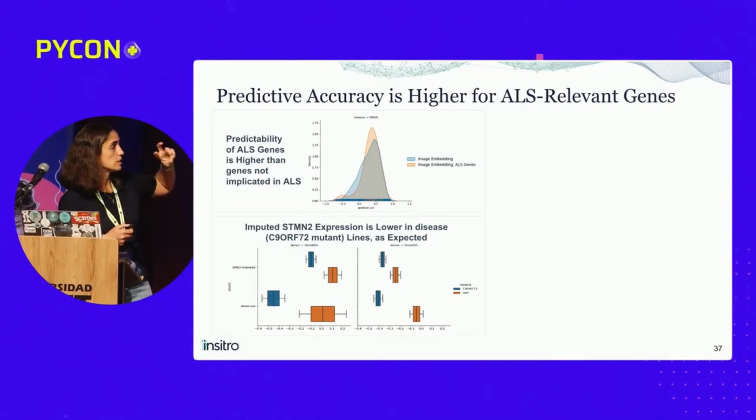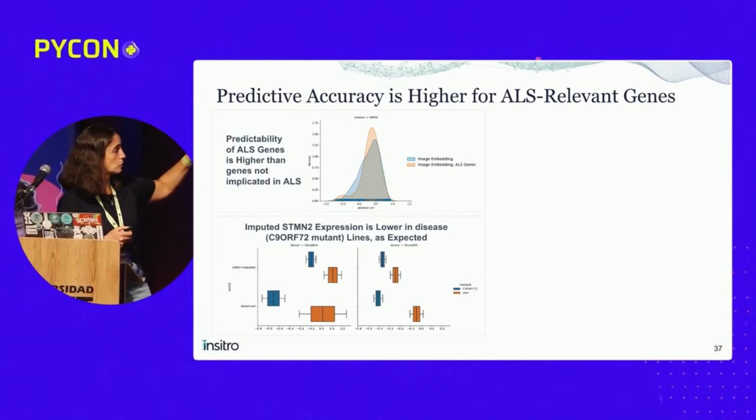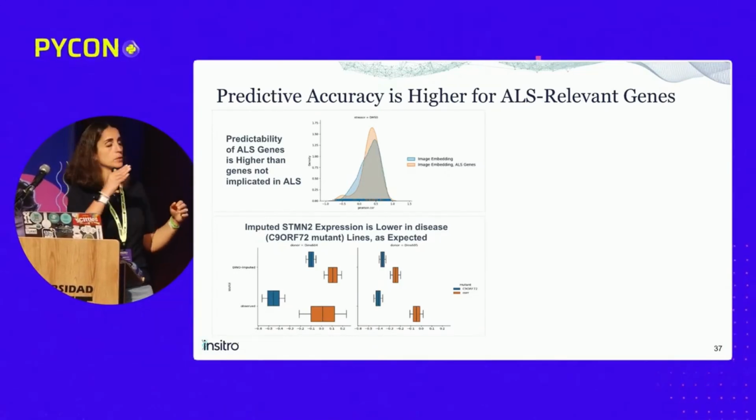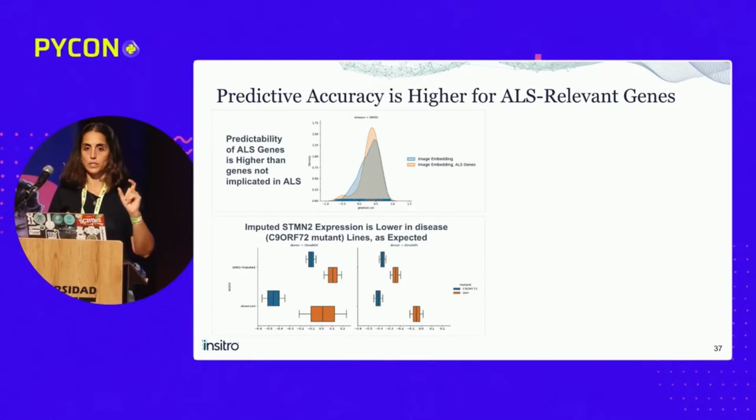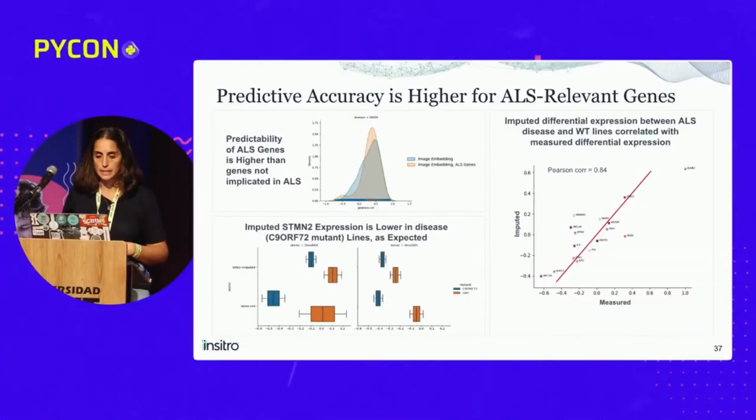In orange is the corrected line, so it's the equivalent of a healthy. And you can see that the model is able to recapitulate the trend. The magnitude is not the same, but the trend is in there, which for us was very reassuring because we were really trying to figure out how much value we could extract from these embeddings.